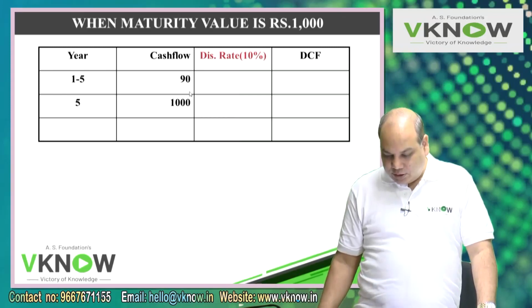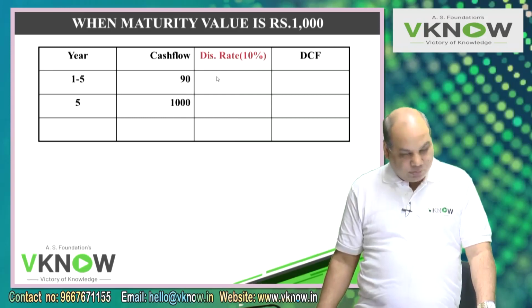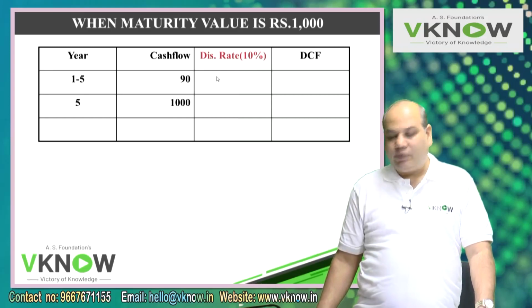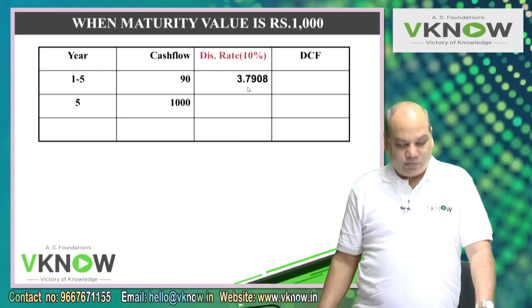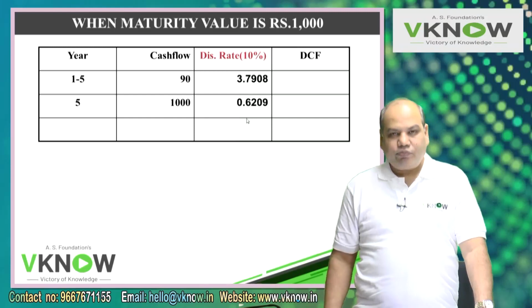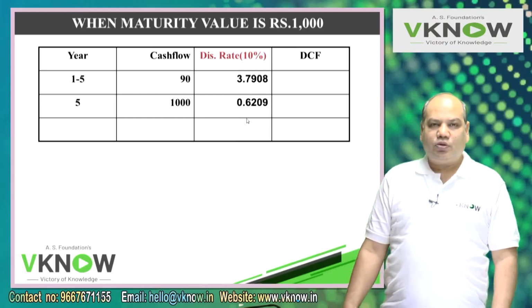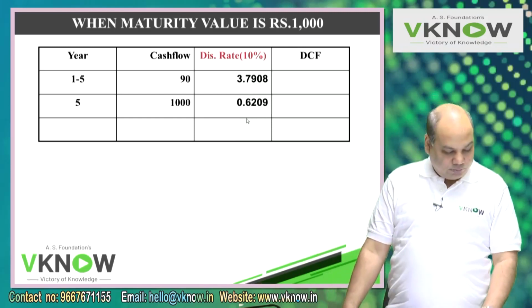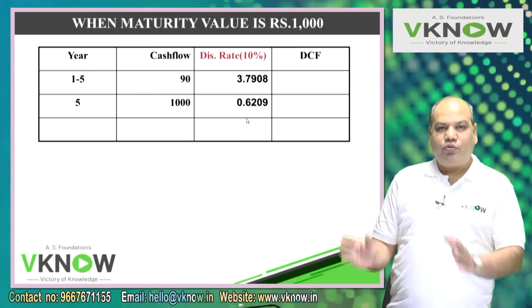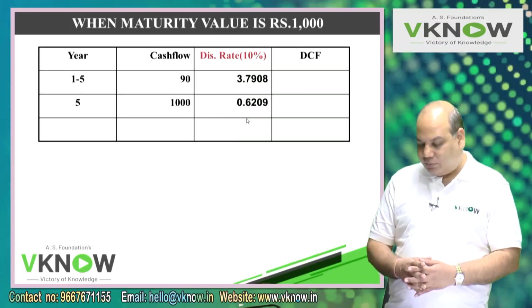Then, in your book second column, discounting factor at the rate of 10%. So 1 divided by 1.10, 5 times equal to, then GT, you will get 3.7908, and 5th year is 0.6209. You can copy from the first question also. There also we had 10% factor.